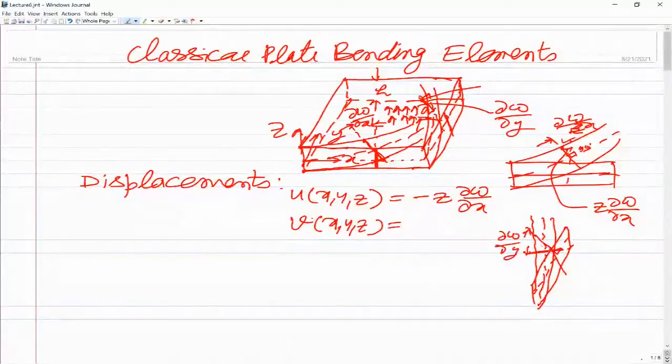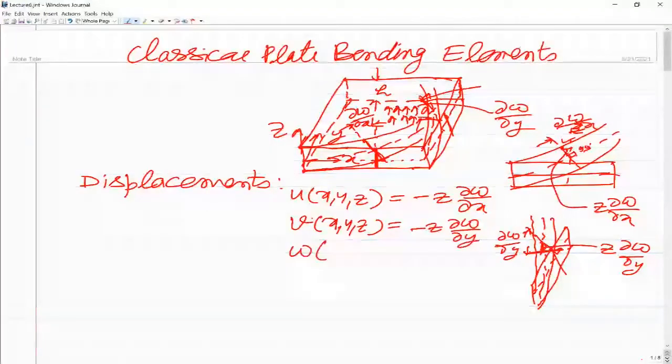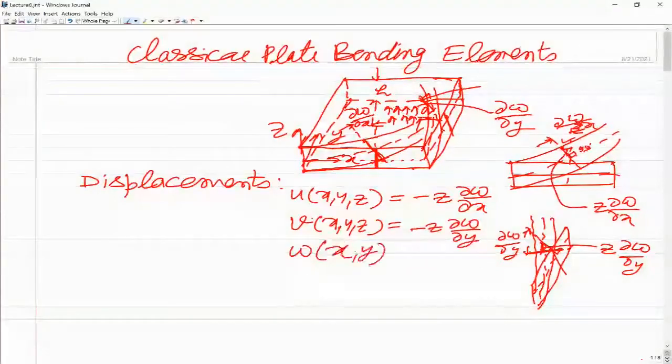This will be the displacement along the negative y direction, z into del w by del y, so it is minus z into del w by del y. And of course w, the displacement along the z direction, is independent of z, so it is only a function of x and y.